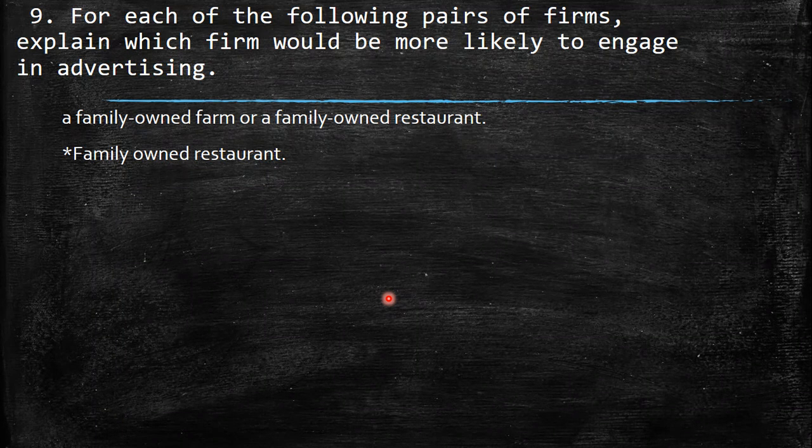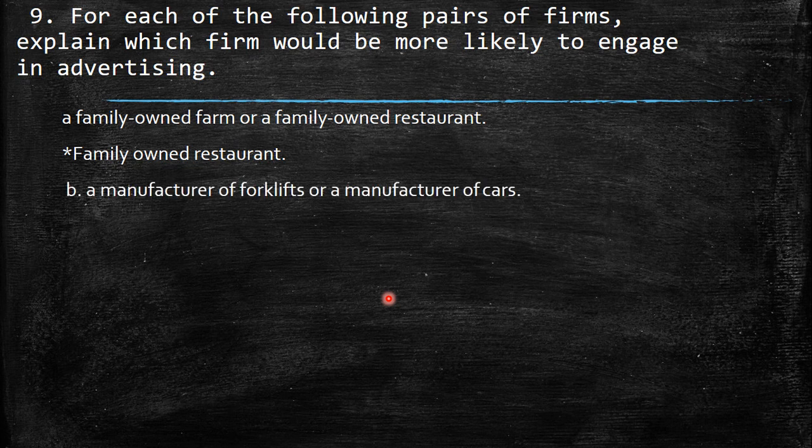So for this reason, advertising is more common when you have more differentiated products, because you want to show the features that you are presenting to the market, different from commodities, raw materials, industrial stuff, where everybody knows the real characteristics and you don't need to do any advertising at all. So it should be the family-owned restaurant. A manufacturer of forklifts or a manufacturer of cars.